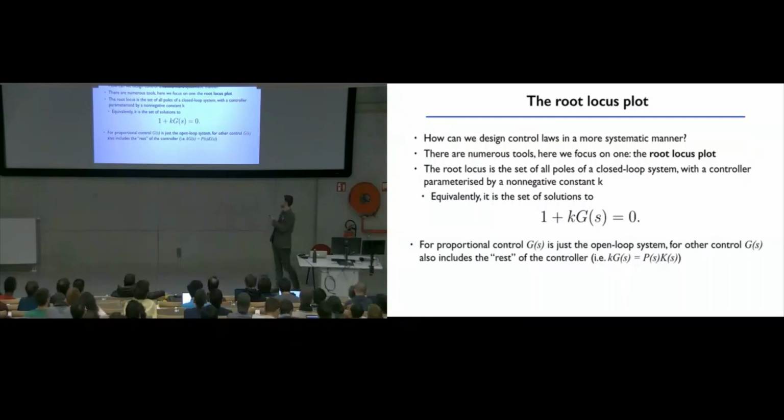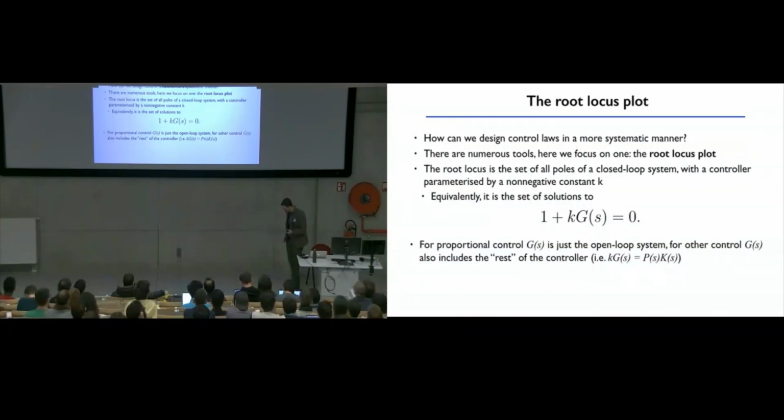So most simply, this could just be proportional control and looking at all non-negative constants of proportionality. Or more generally, if you can take a factor of k out of your controller, so that is, let your plant multiplied by your controller be equal to k multiplied by some other transfer function, then you can do things that way as well.